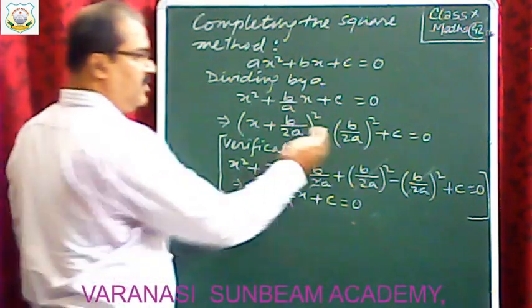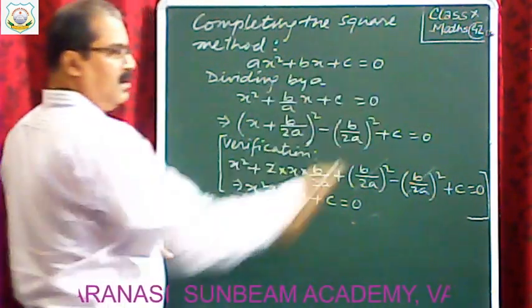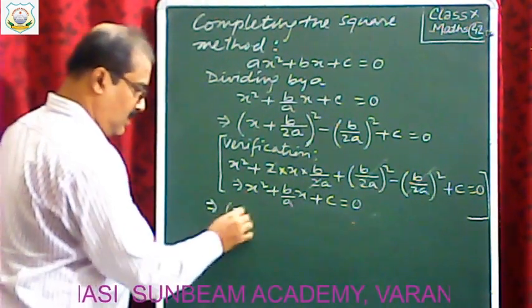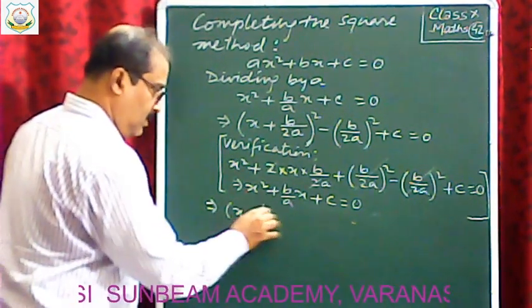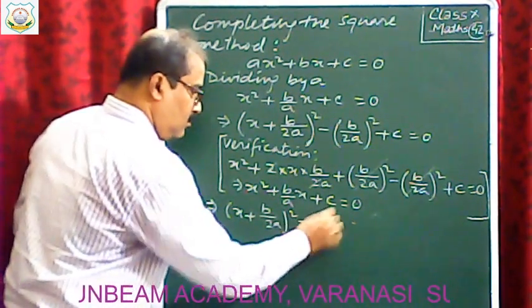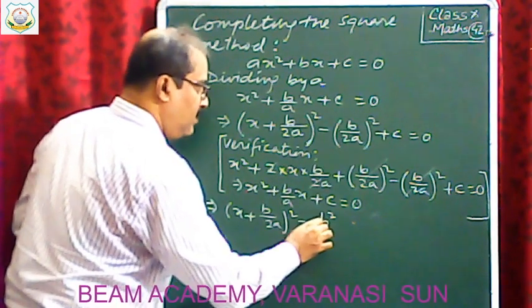So what you have to do, you have to transpose these last two terms from LHS to RHS. So x plus b upon 2a whole square equals b square upon 4a square minus c, transposing and opening the bracket.